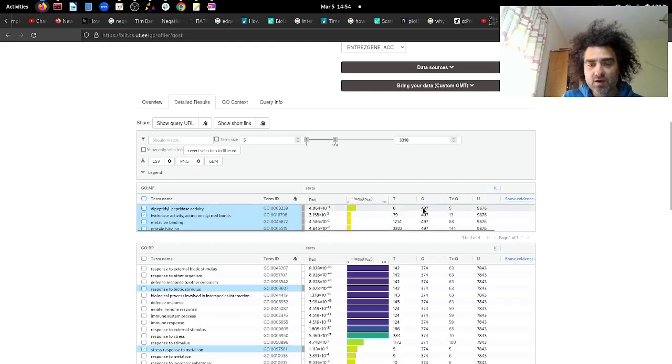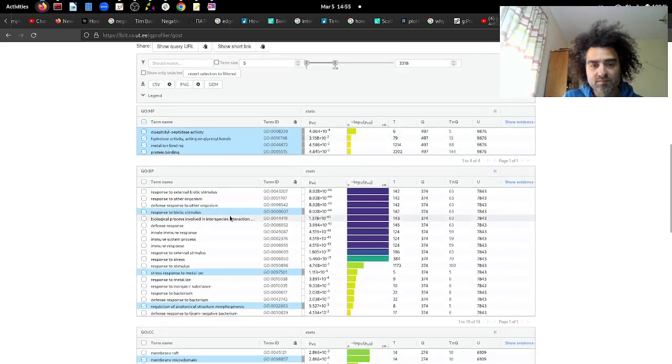So out of 497, I found 5 that have the term dipeptidyl peptidase activity and so on. In the total, which is 9,876, I found 6. So again, I have an overrepresentation, and this is reflected here in the low p-value. The same is true for every term.